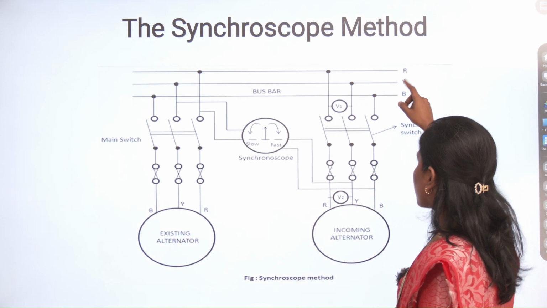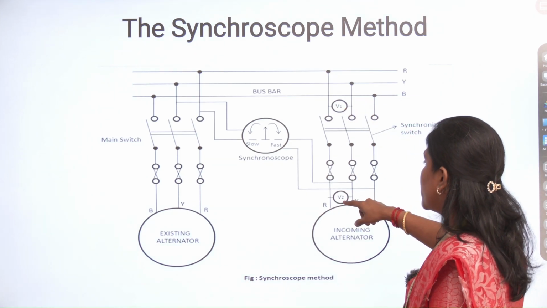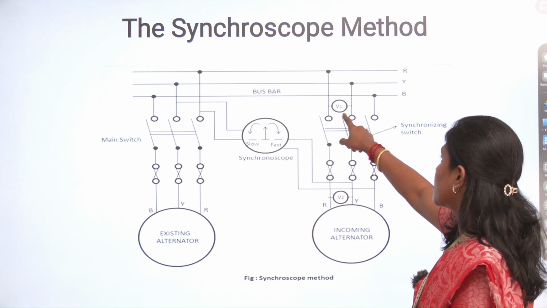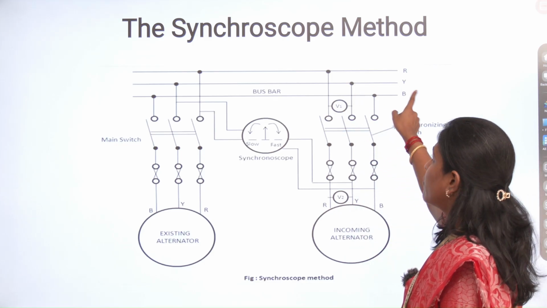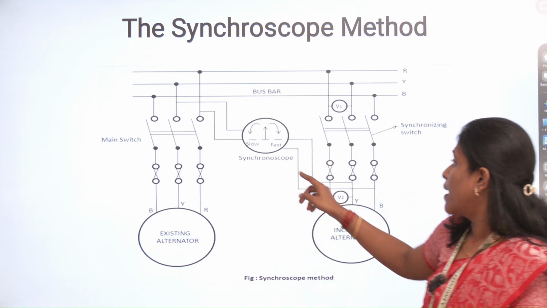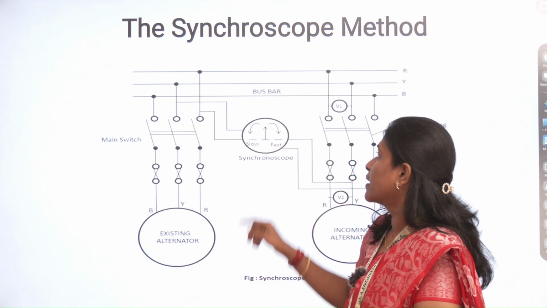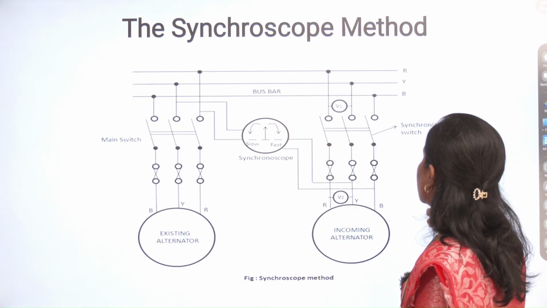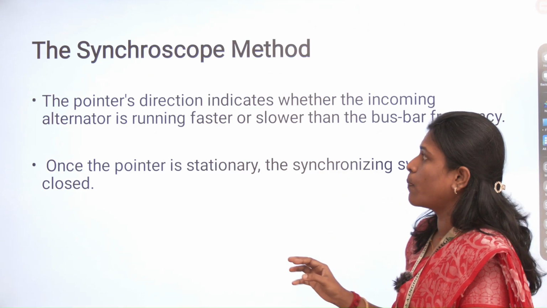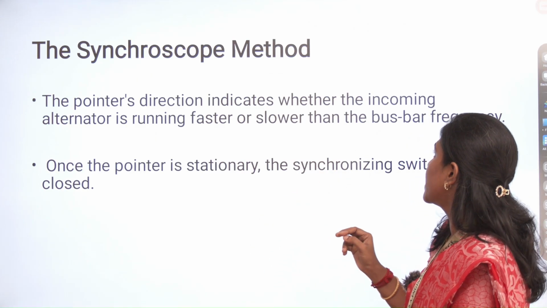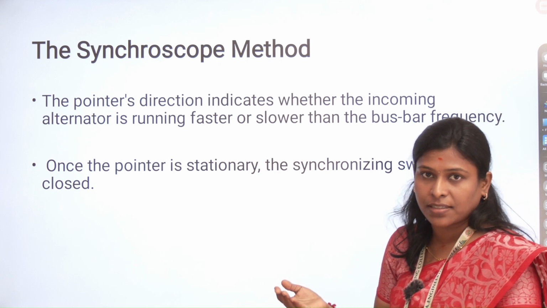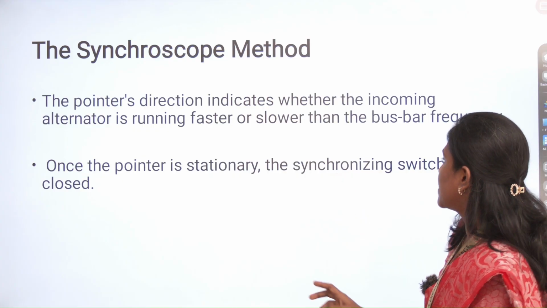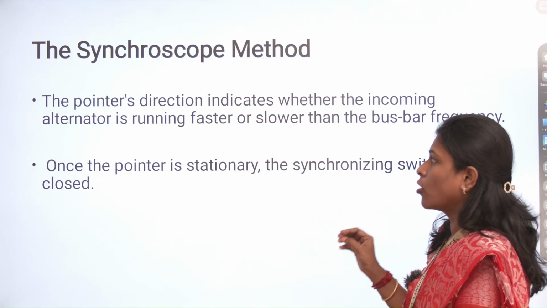Voltmeter 1 and voltmeter 2 are connected between the R and Y phase of the incoming alternator and the R and Y phase of the bus bar, and a synchroscope is connected to determine the equal voltage and phase of the alternators. The pointer's direction indicates whether the incoming alternator is running faster or slower than the bus bar's frequency. Once the pointer is stationary, the synchronizing switch is closed.